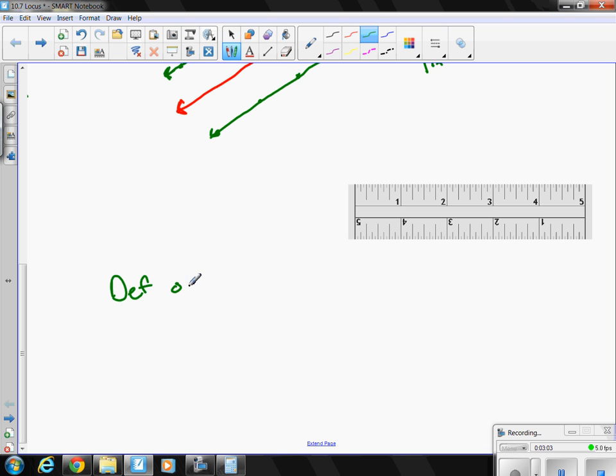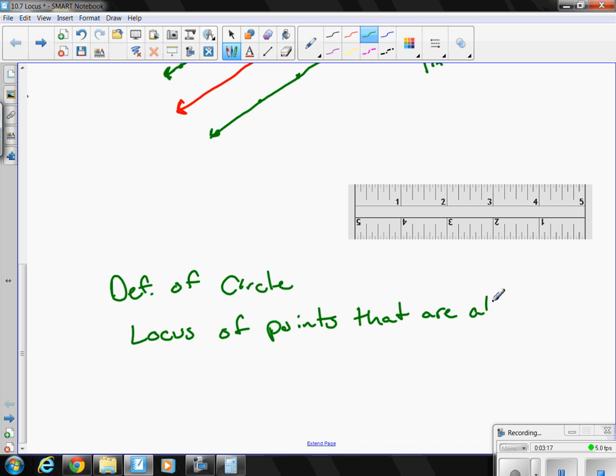It's described by the locus of points that are all the same distance from a point.